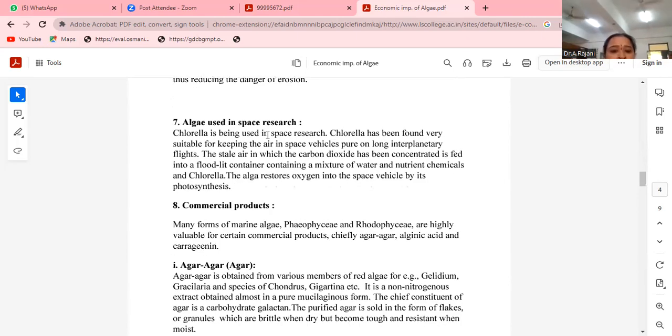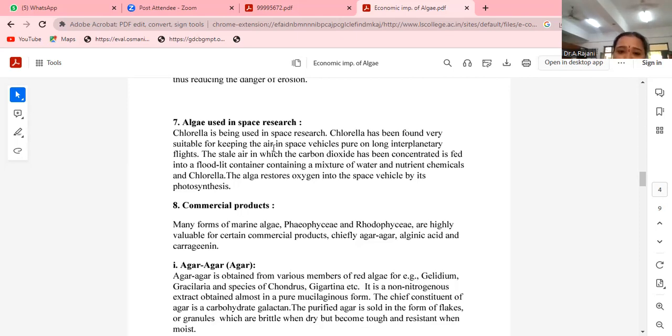And space research is very, very important. Students, on this seventh point, questions are asked many times. You know space, yes or no? Chlorella is used in space research. Chlorella has been found very suitable for keeping the air pure in space.